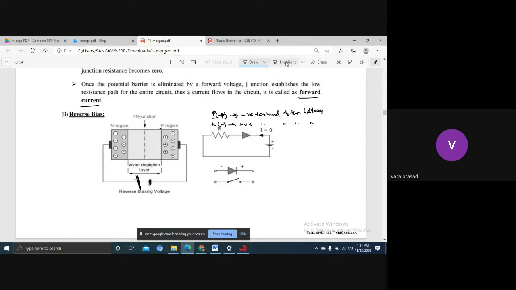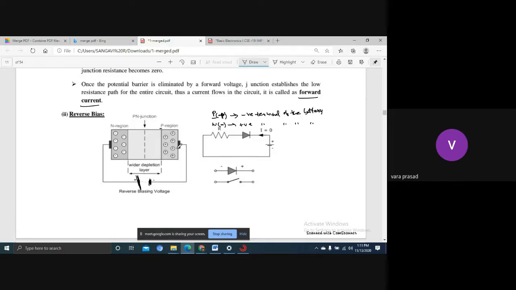This is reverse bias. If you observe here, N-type means negative charges are there, connected to the positive terminal, which means opposite charges attract each other.